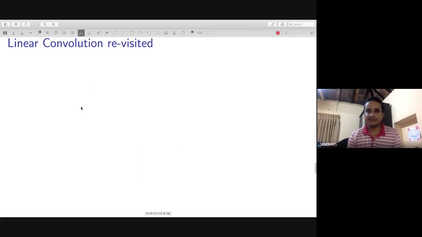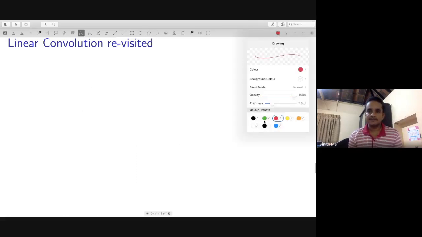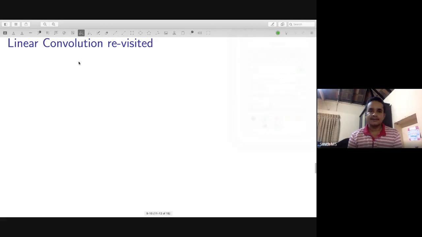So to start with, let us assume that you have a system which is given an input x[n], and you have, say, H(z), which is the transfer function of the system, and you get y[n].